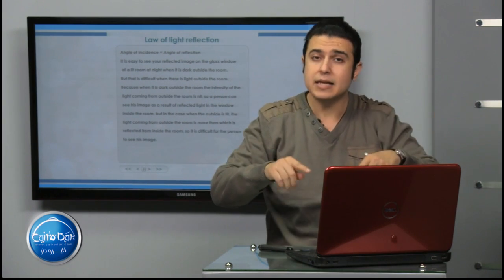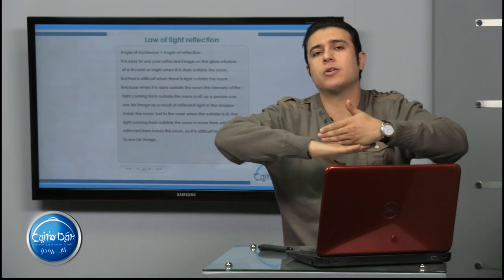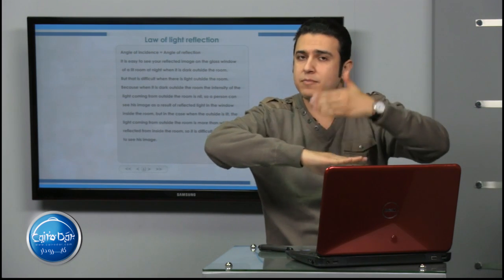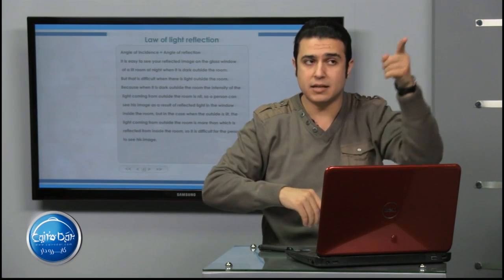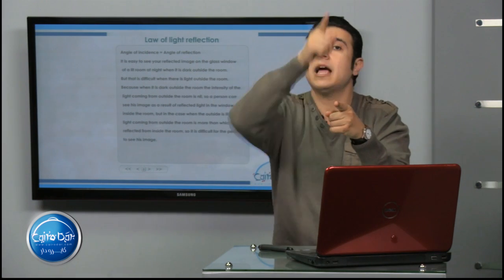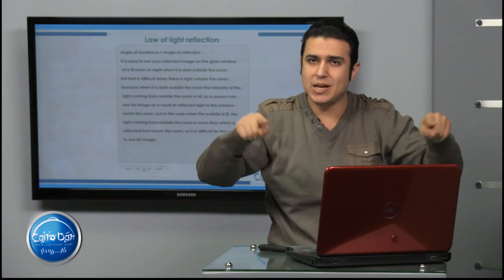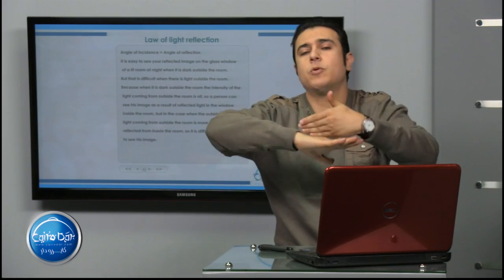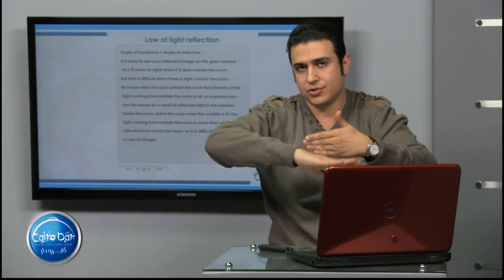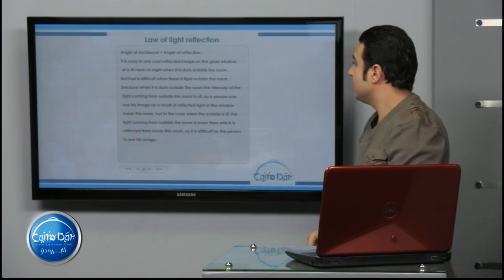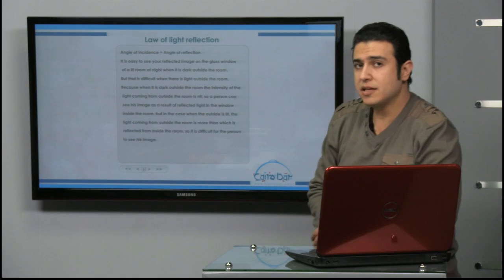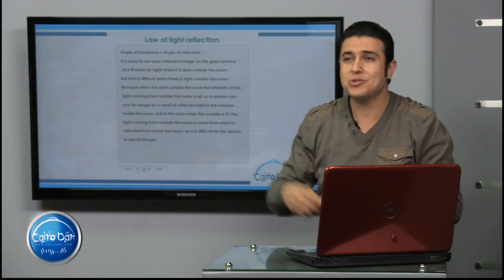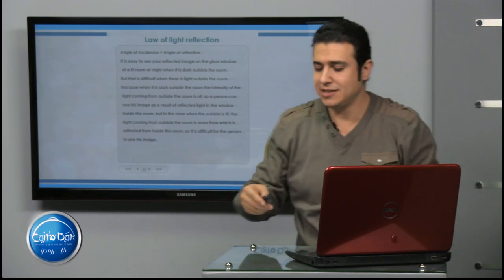This plane is perpendicular to the reflecting surface, the same as for sound. Okay, that's for these laws. Of course, when you stand in front of a mirror, you see your image due to light reflection. Of course, it's very easy for you.